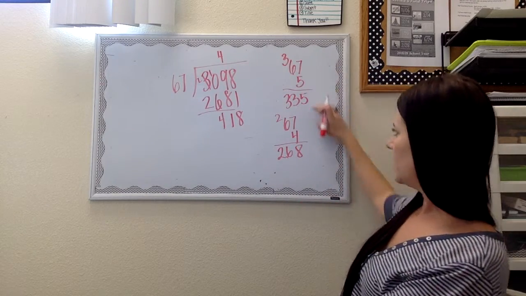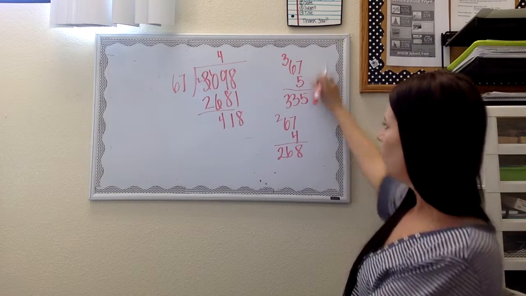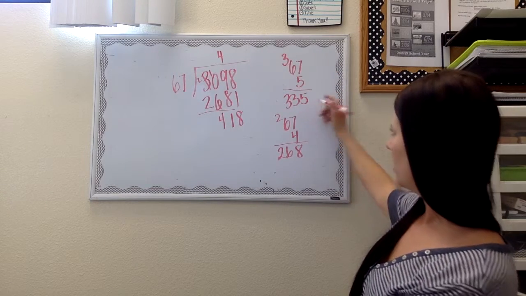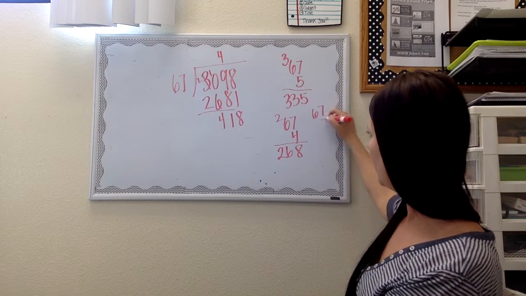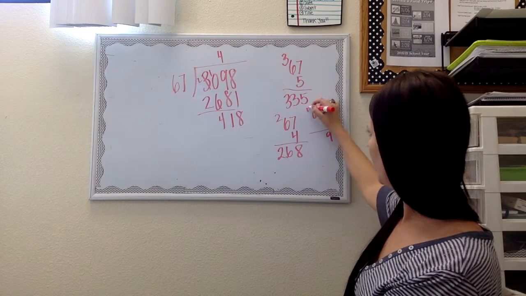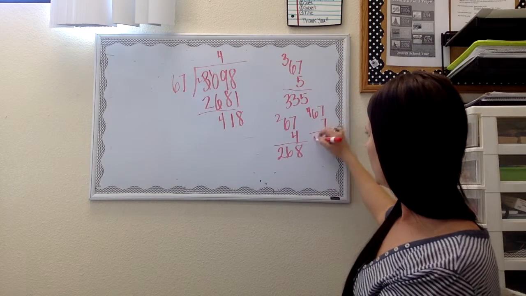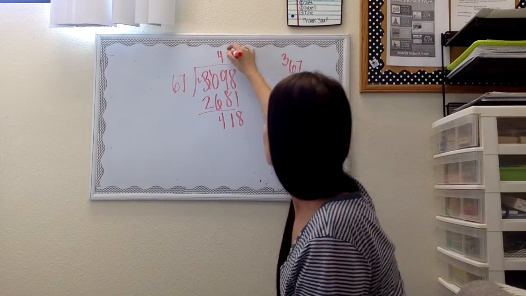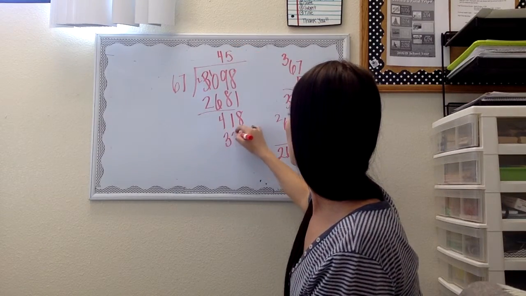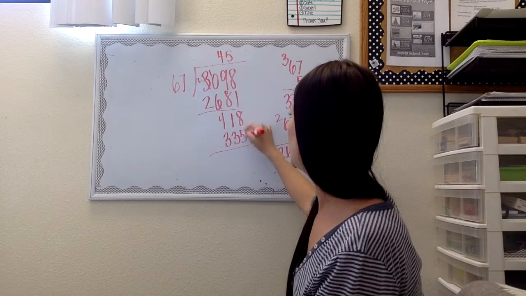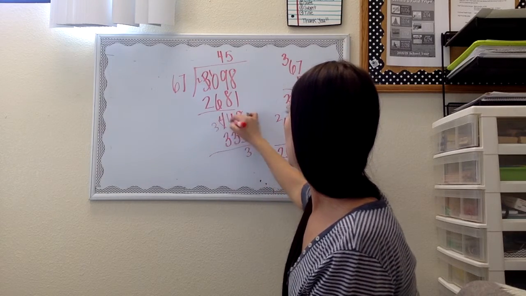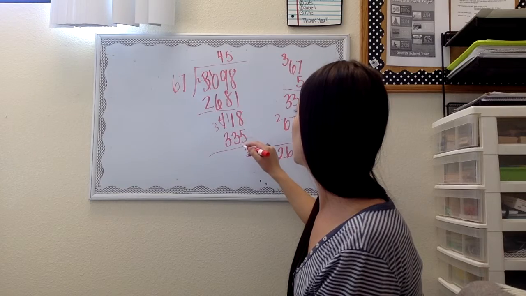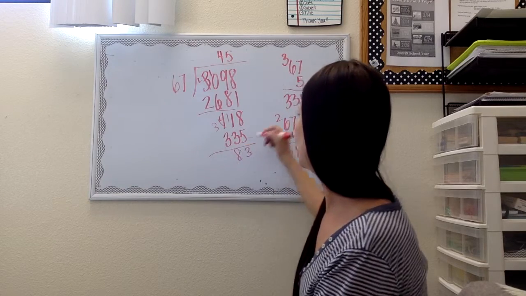Now I would use this. So 5 was only 335. So let's try 7. Too big. So let's come back to the 5. Okay, and then we subtract 8 or 3, 4, 5, 6, 7, 8, 9, 10, 11, so 83.